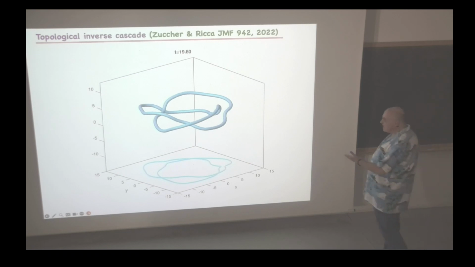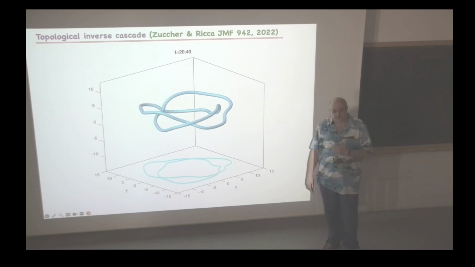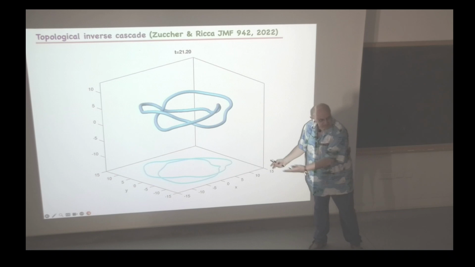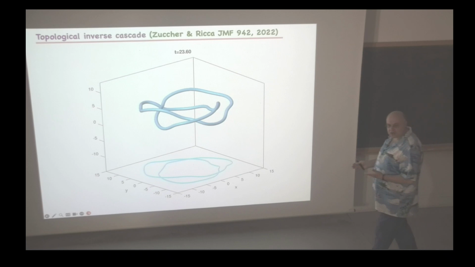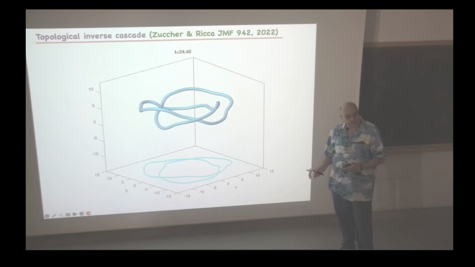So this example gives you a lot of information, not technically speaking on the numerics, etc., but conceptual ways to understand why it's so difficult to produce a trefoil knot.